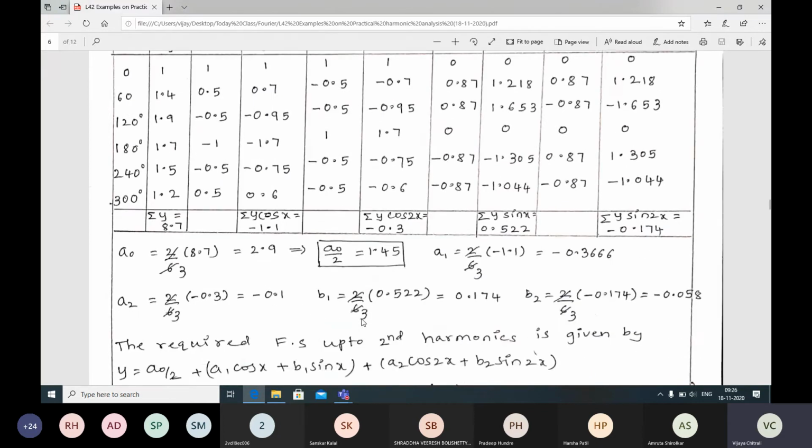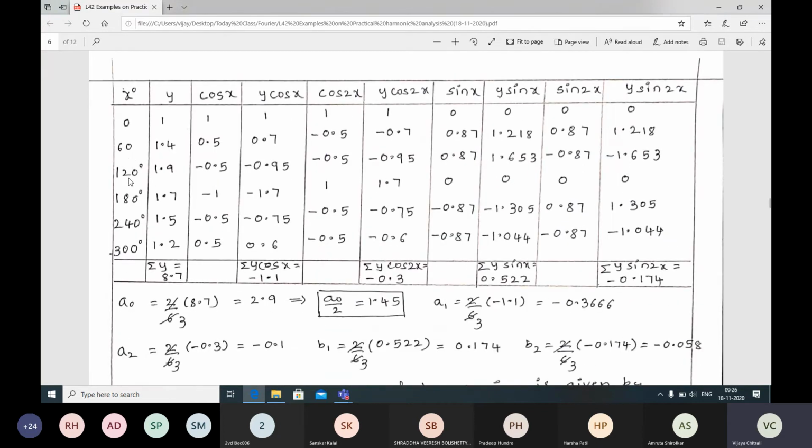The x values in degrees are 0, 60, 120, 180, 240, 300, with corresponding y values 1, 1.4, 1.9, 1.7, 1.5, 1.2. We want summation of y cos x, y cos 2x, y sin x, and y sin 2x, right?